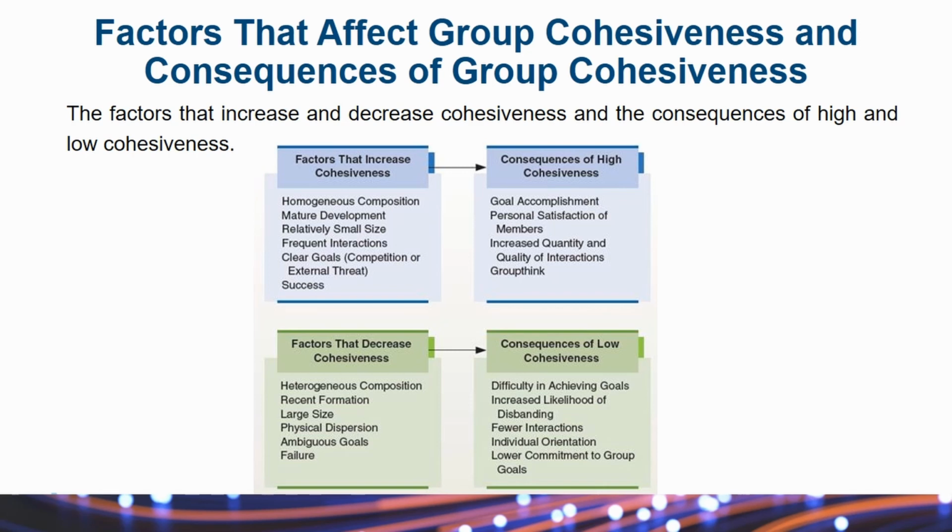The results of high cohesiveness are goal accomplishment, personal satisfaction, and increased quality of interaction. The factors that decrease group cohesiveness are large group size, ambiguous goals, and heterogeneous composition. The consequences of low cohesiveness can be fewer interactions, lower commitment, and difficulty in achieving goals.